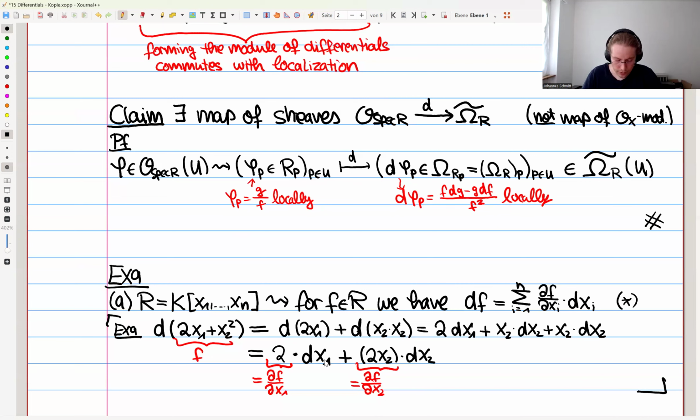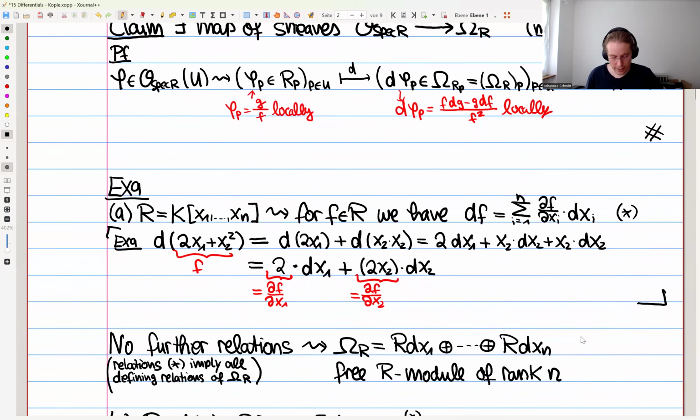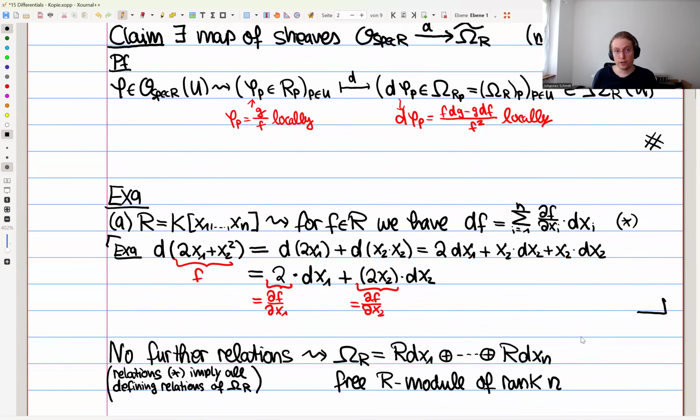Okay, so for this ring, even though we started with infinitely many possible generators, these infinitely many symbols df, we could actually use the relations to write everything in terms of the dxi. And the claim is that there's no further relation. So this is as far as you can go.